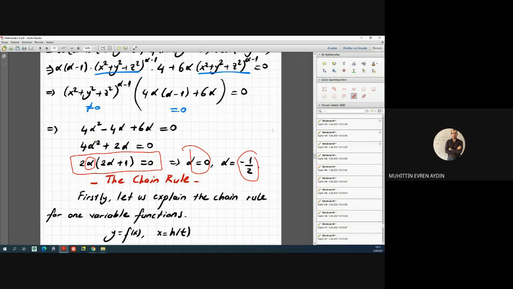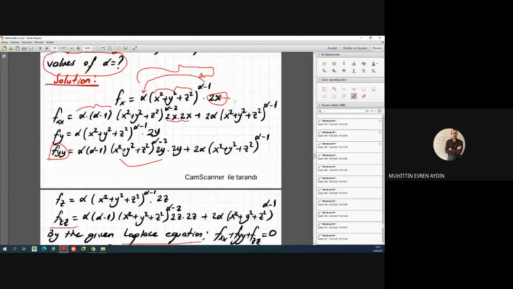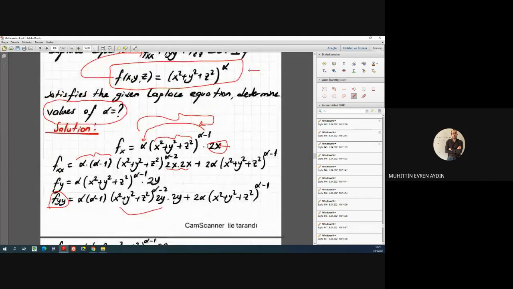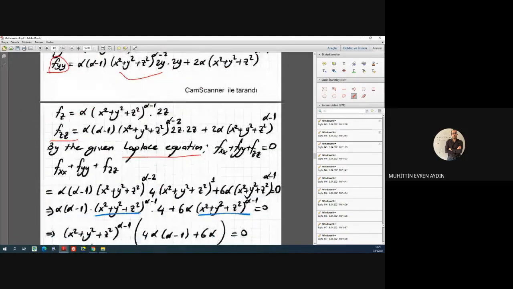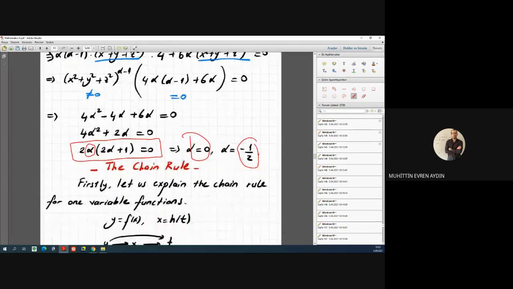In case alpha is 0, you have a trivial solution, namely the function f is a constant. So the important solution is the case alpha equals minus 1 over 2.